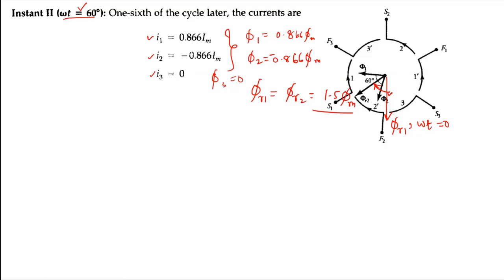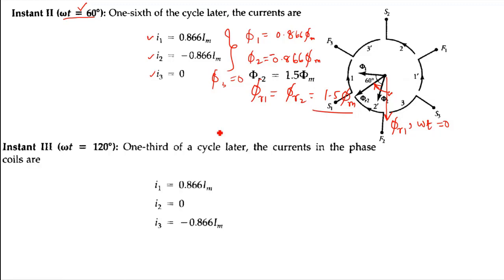When the flux changes with time, your net or resultant magnetic flux also changes its position around the circumference. It is now rotated by 60 degree as your supply is pulsating or moving towards 60 degree, right? So now this phi r2 is 1.5 phi m.